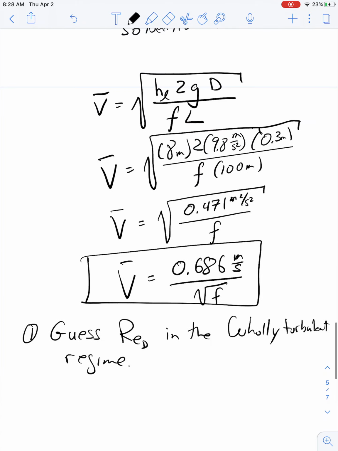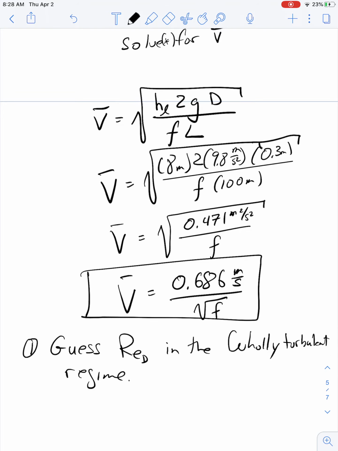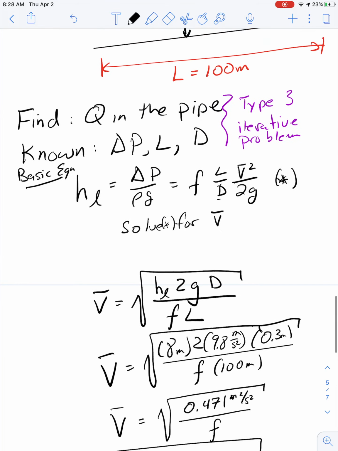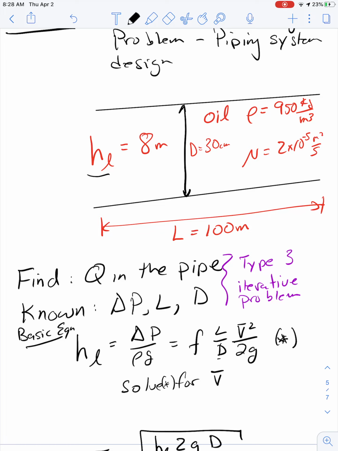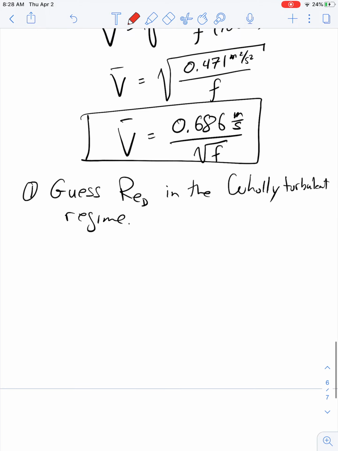We have to have some idea of what our roughness is. Backing up in our problem, we are told that the relative roughness, epsilon over d, is 0.0002. That is part of the problem statement.